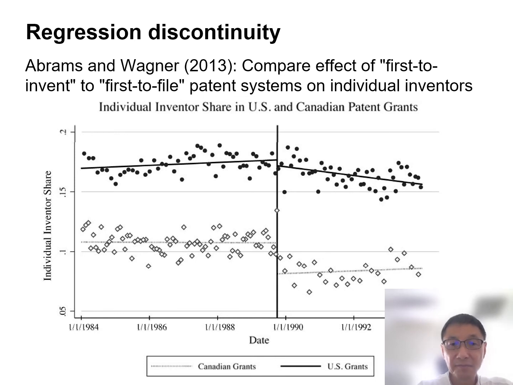You see that around January 1990, amongst US inventors, there was no change in the proportion of individual inventors. But in Canada, around that month, there was a discrete drop of about 0.2, that is 2%, or something like almost 1 out of 5 drop in the proportion of individual inventors.